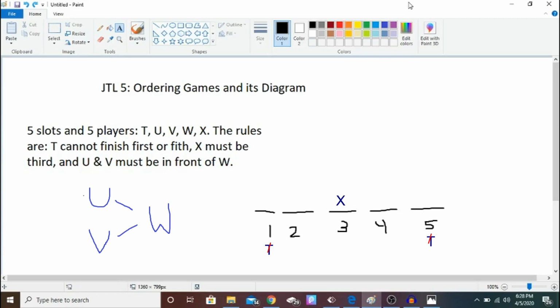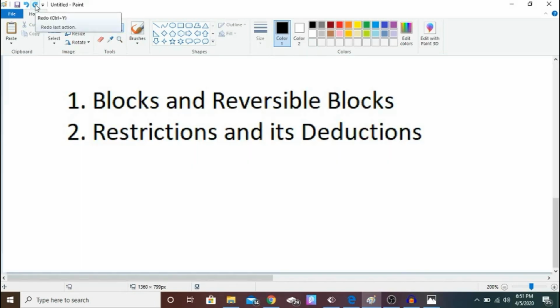Since W has to be in front of U and V, and X and T cannot be in the 5th slot, we know the only possible option for slot 5 is W. Additionally, T can only be in slot 2 and 4, whereas U and V are the only possible options for slot 1. However, we will go over these options later in the video.